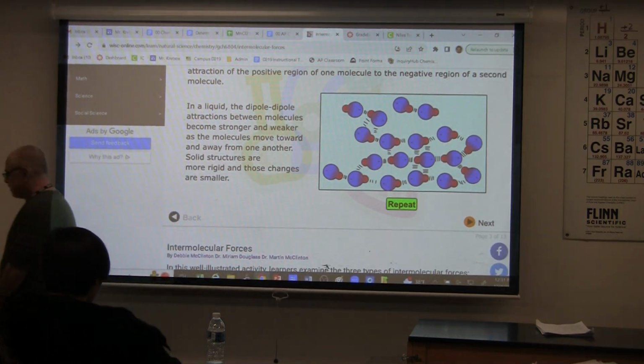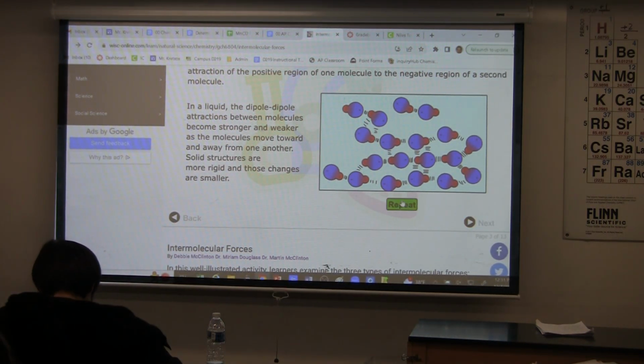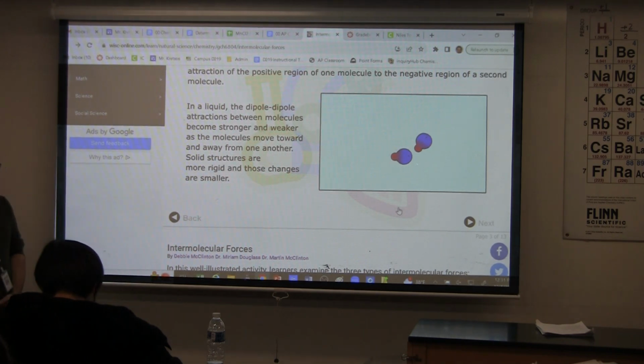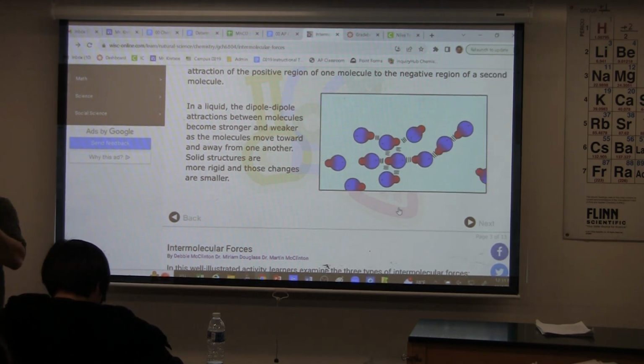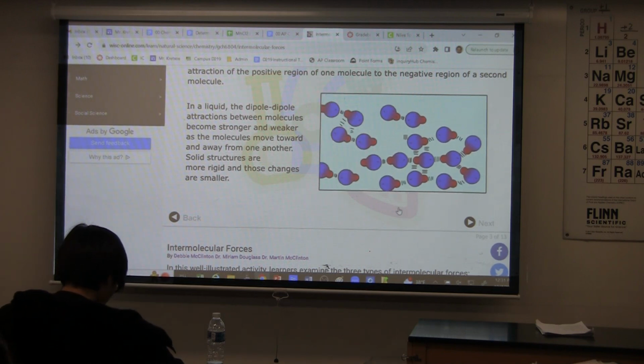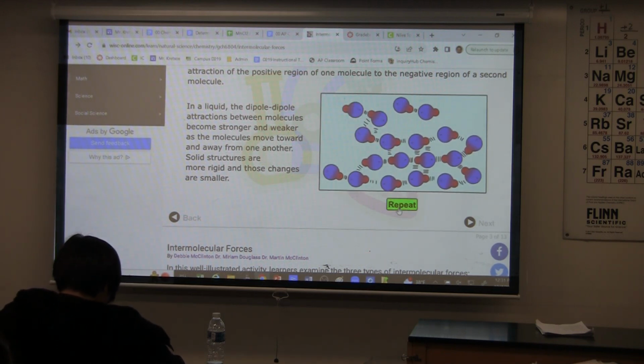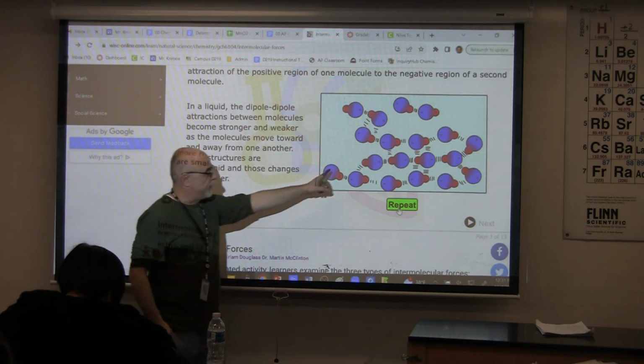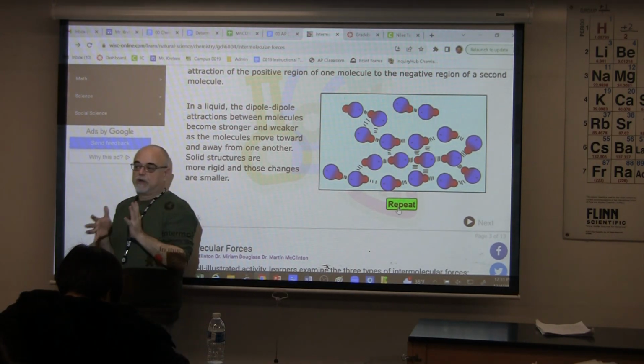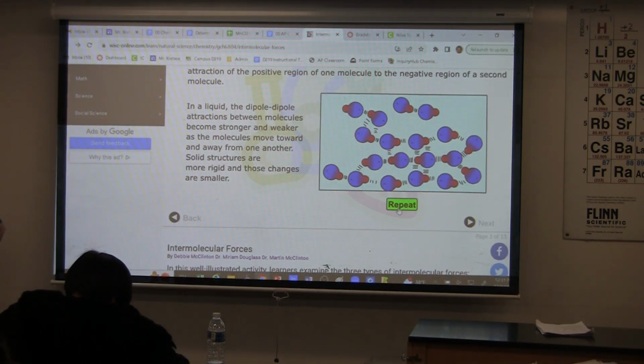So if we bring these molecules near each other, those opposite ends will attract, and that attraction will hold them together. Like when you picture a glass of liquid water, what's holding the water in the glass together instead of just flying apart are the attractions between the opposite ends of the molecules. So they stick like magnets. Is that good? Okay. Any other questions about dipole attraction? Because that's all there is to it.